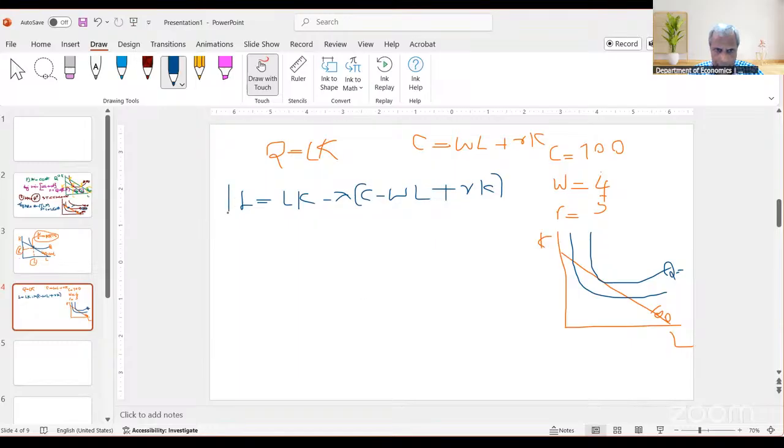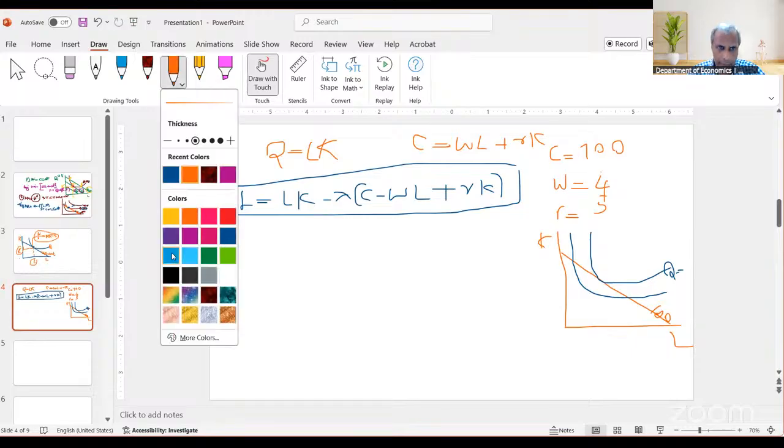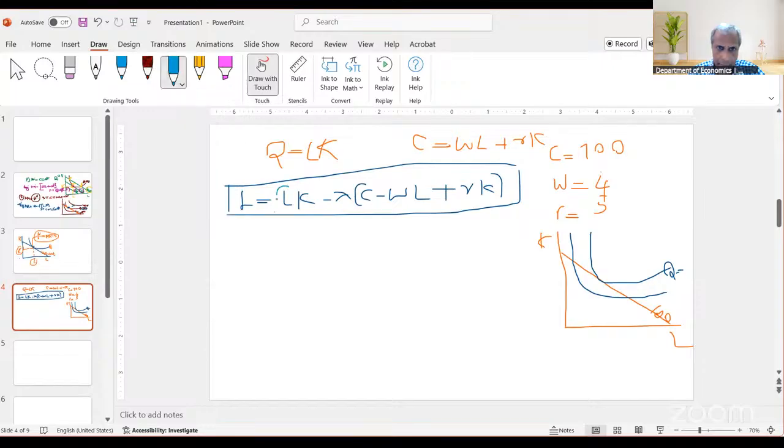Then now we have one equation. So there what we have to do is differentiate with respect to the decision variables or unknown variables. What are the decision variables?